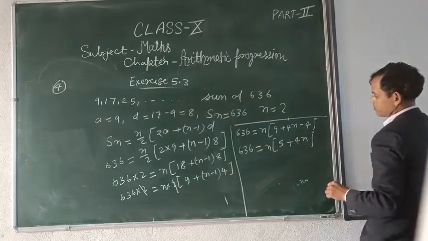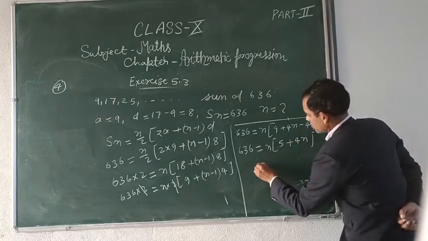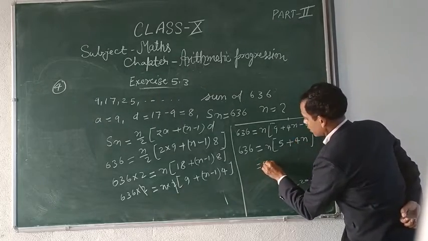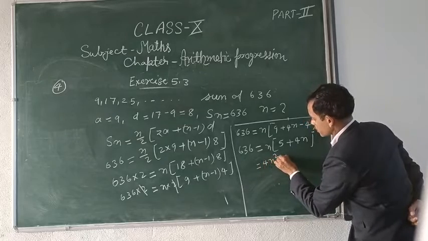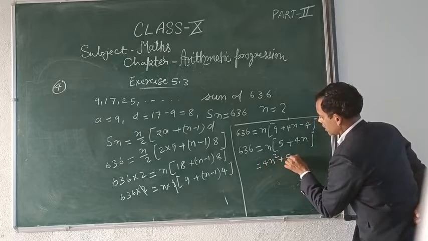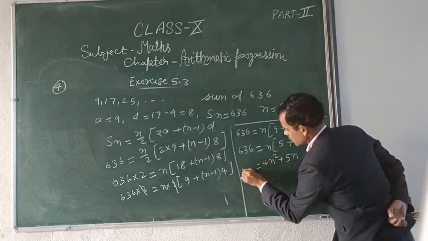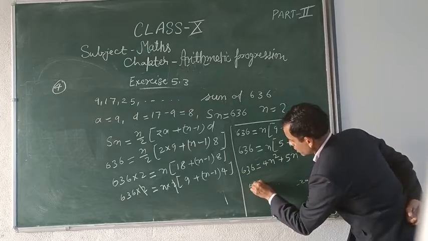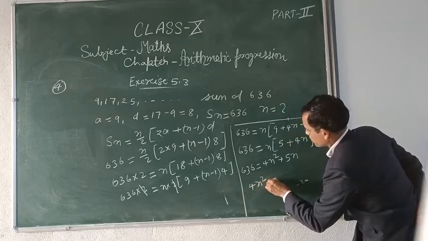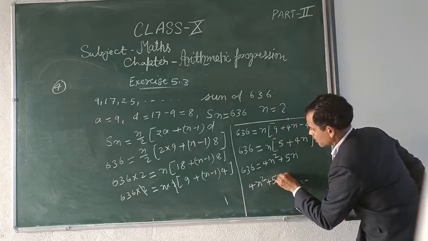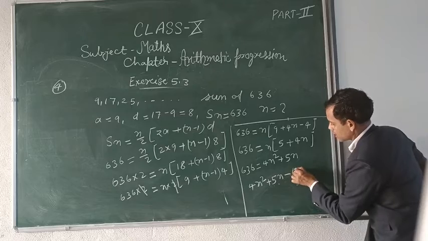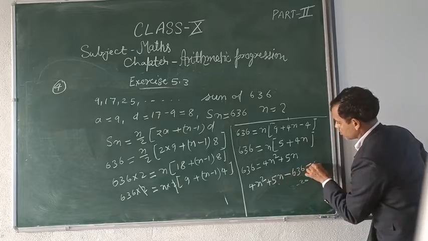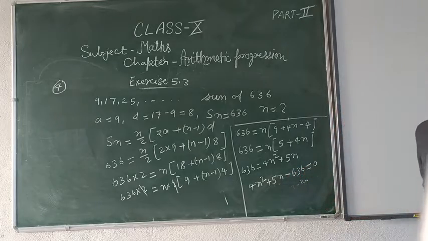So after calculating, this will be 4n square plus 5n equal to 636. Then it will be 4n square plus 5n minus 636 equal to 0.